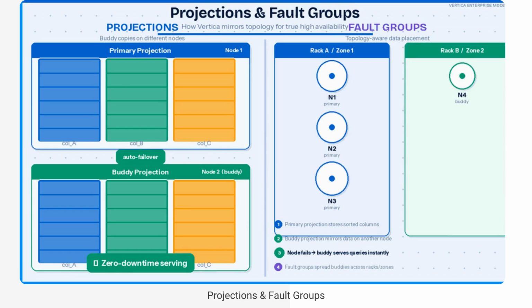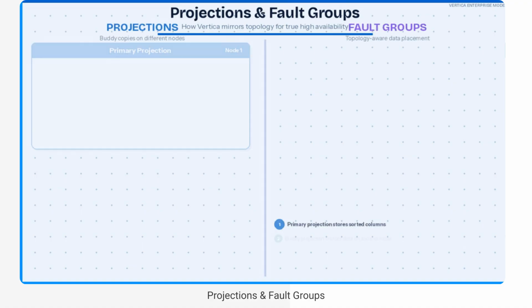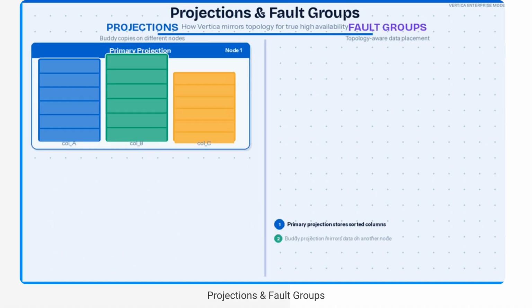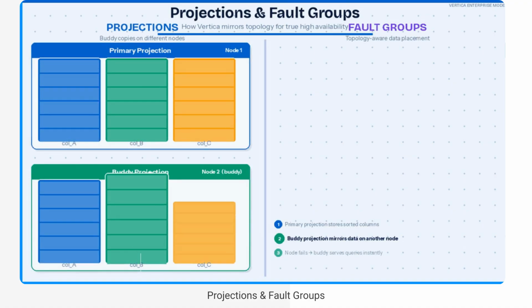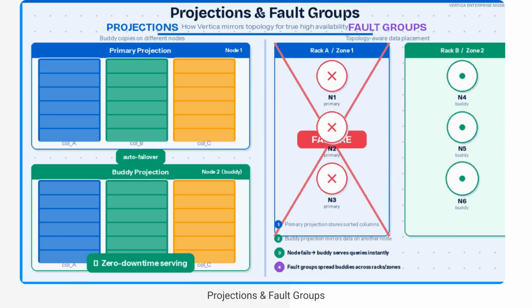Fault groups make sure those copies are spread across separate racks or zones, not sitting in the same hardware that could fail together. This strategic grouping enhances reliability, ensuring that the database remains operational even under challenging conditions. Together, they're what make Enterprise Mode genuinely resilient in real-world infrastructure.